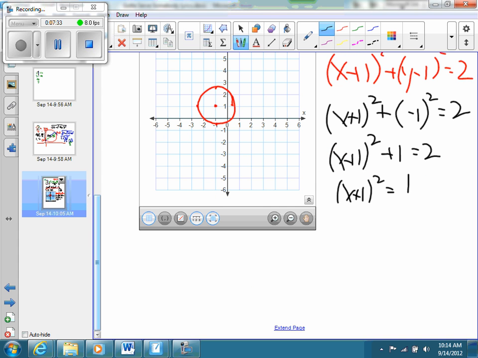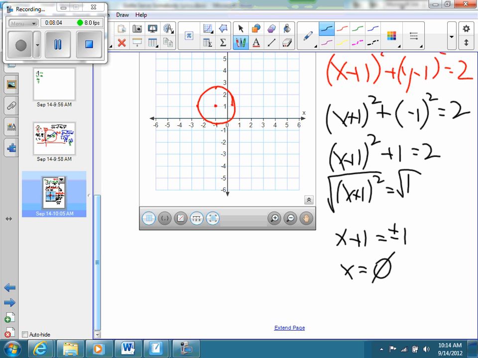Now I'm going to take the square root of both sides, and I'm going to have x plus 1 equal to the square root of 1, which is plus or minus 1. So x should be equal to 0. I should have an intercept at 0. Mine doesn't look like it, but it should. Does that make sense?